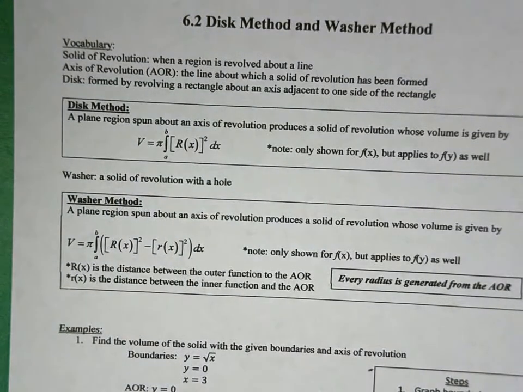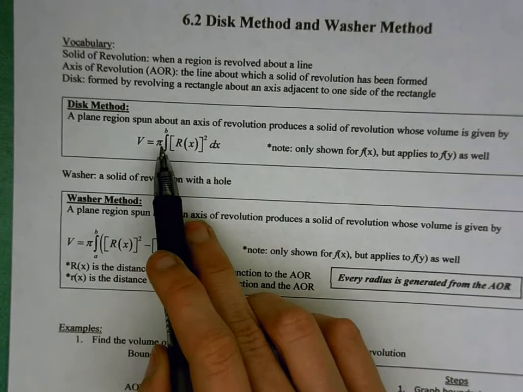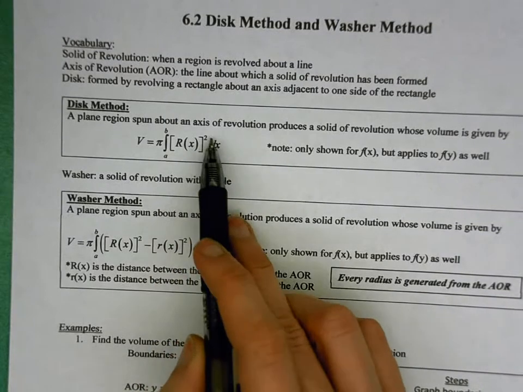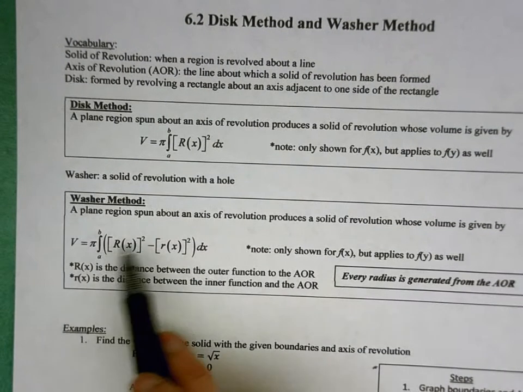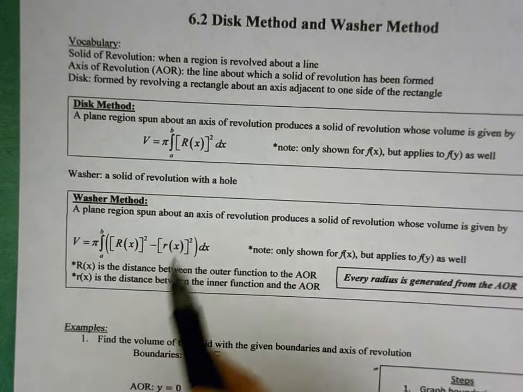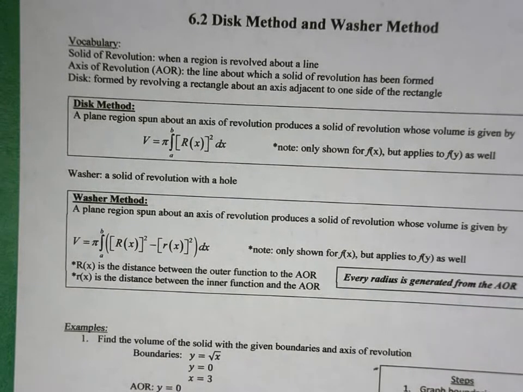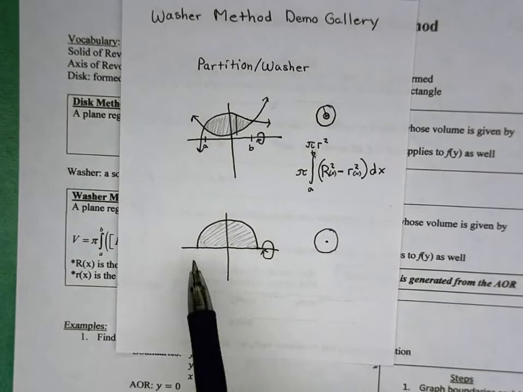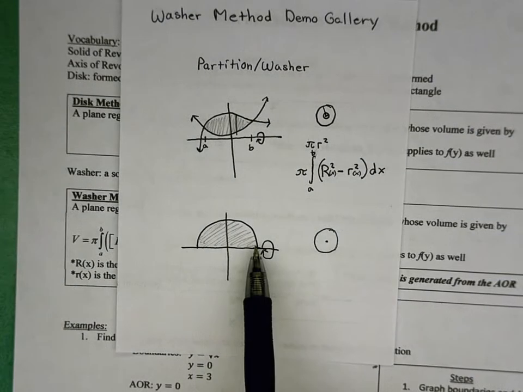So disk method and washer method inherently are the same equation. Right? We have here disk method is pi big R squared. Washer method is pi big R squared minus little r squared.